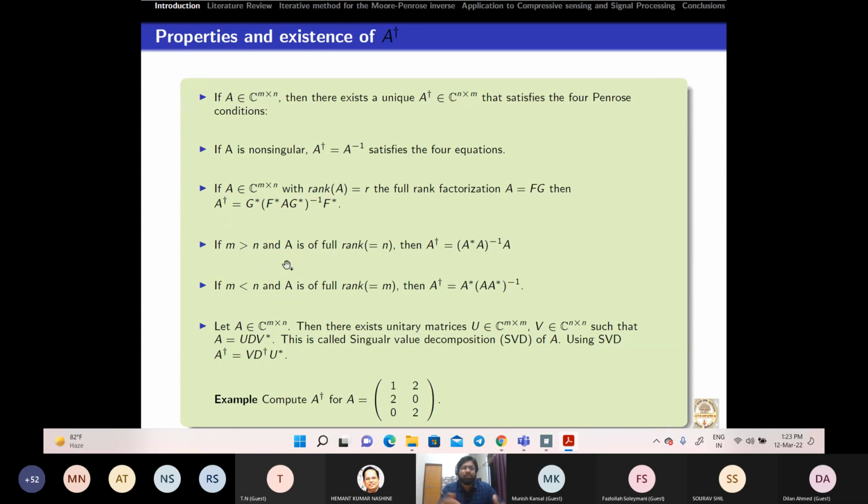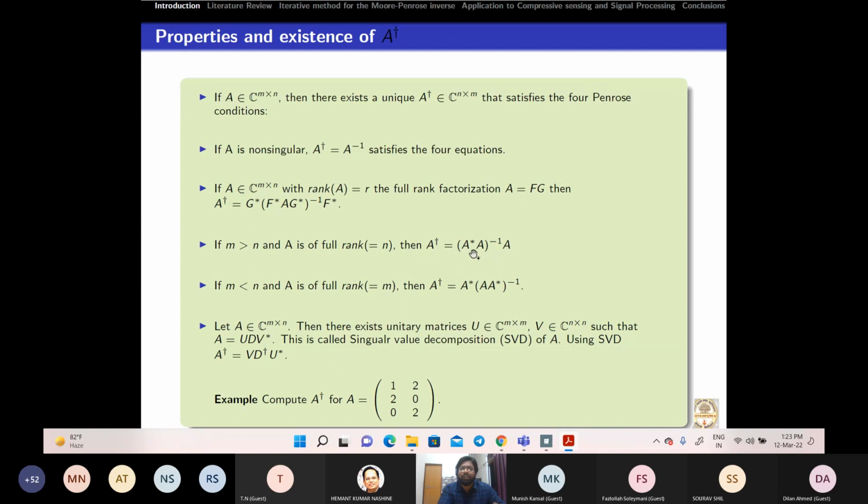We may come across matrices which are full rank matrices, and we may come across matrices which are rank deficient. For example, if A is of full rank equal to n, then its Moore-Penrose inverse is given simply by this expression, because if A is of rank n, then A transpose A is coming out to be non-singular.